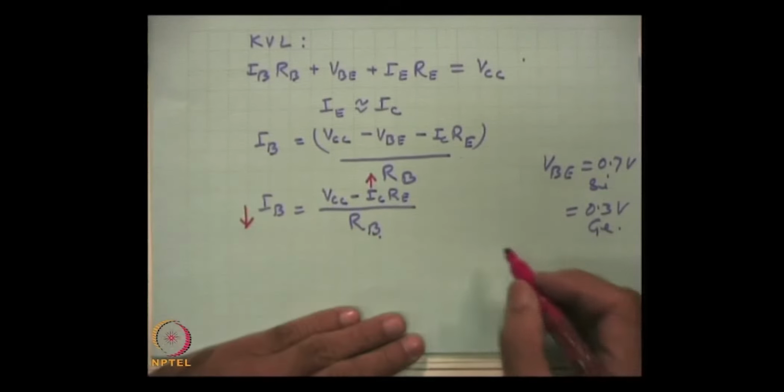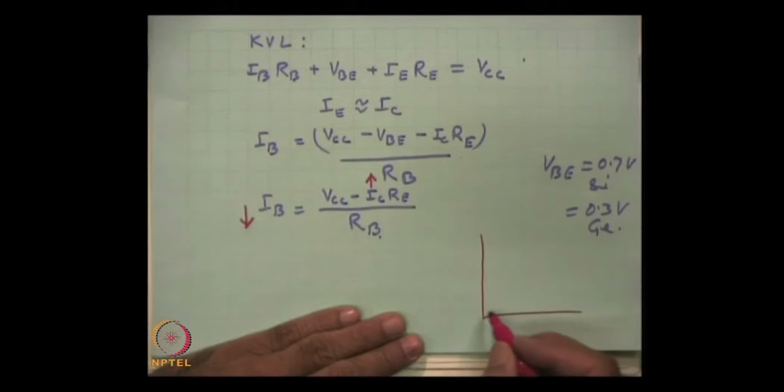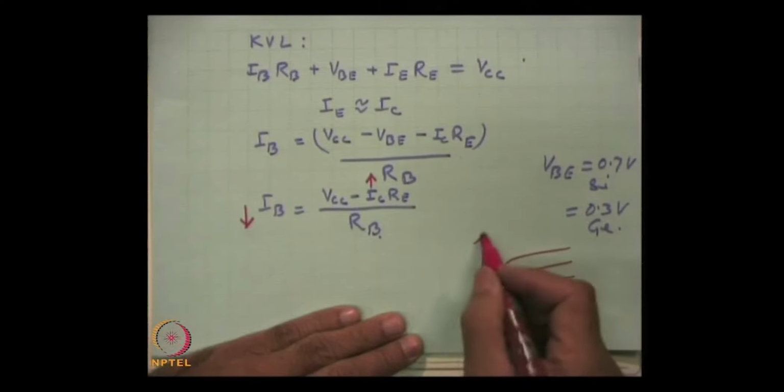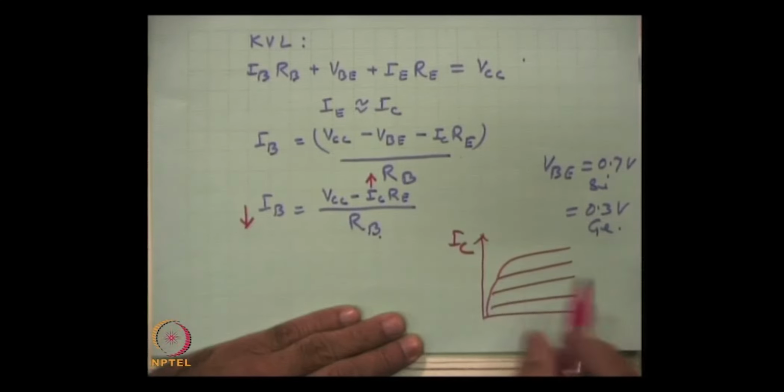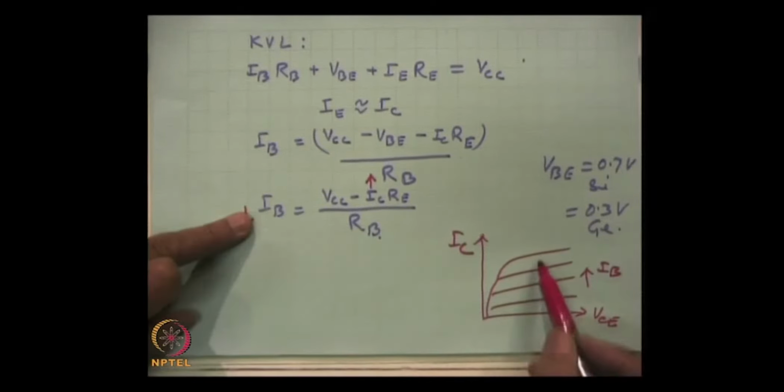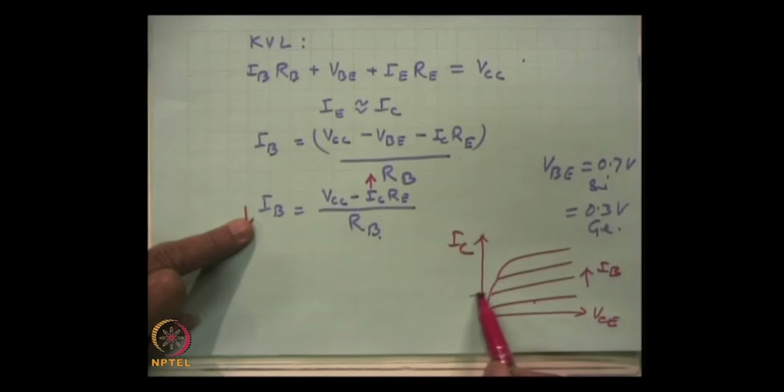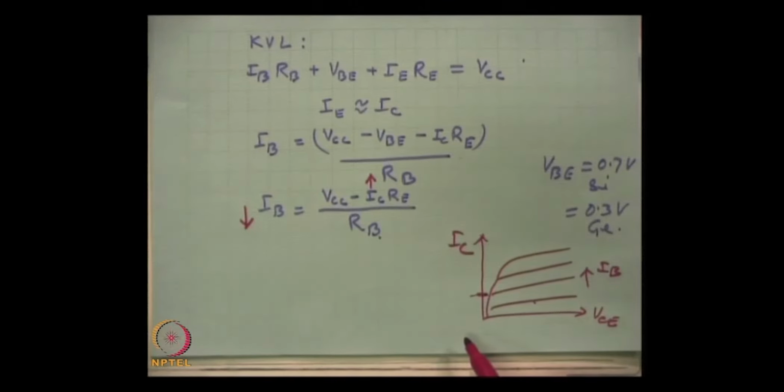You will remember these output characteristics. This is IC, this is VCE, and here is IB. If IB falls, then there will be less collector current in the circuit.